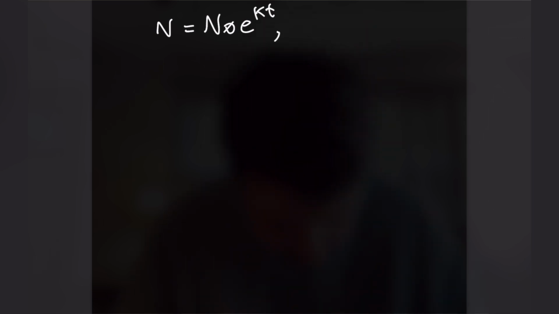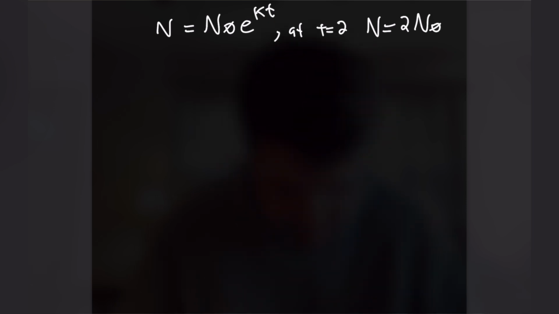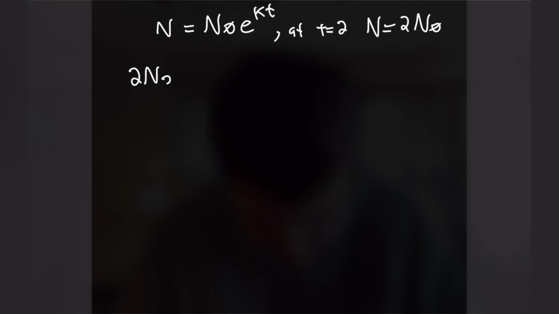And remember that after 2 years, the population had doubled. So at t equals 2, we have that n equals 2 times n naught. So let's go ahead and plug that in. So we'll have 2n naught is equal to n naught times e to the 2k.